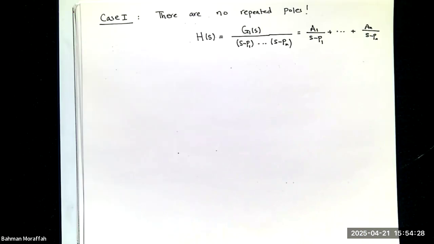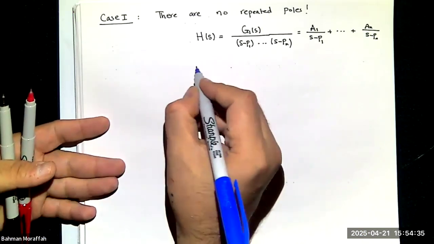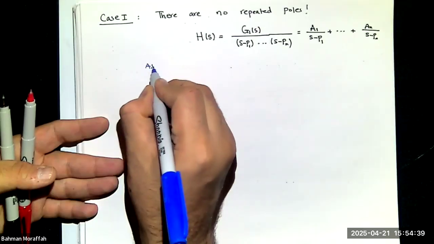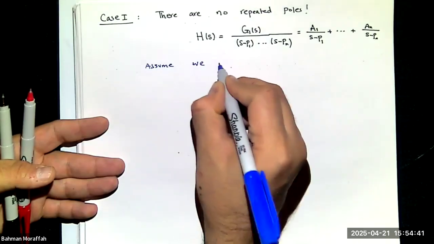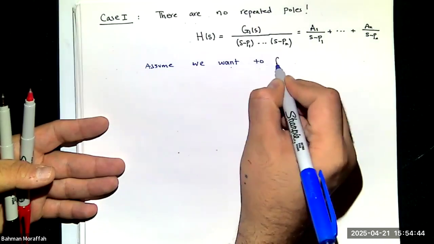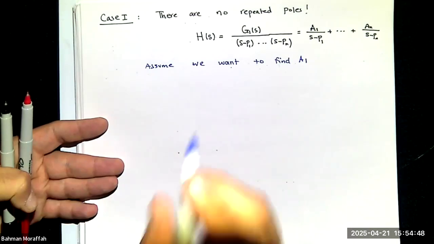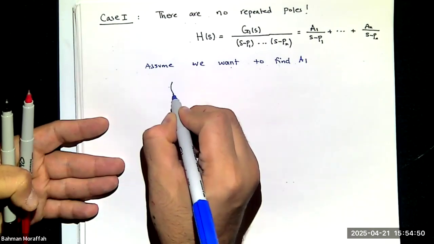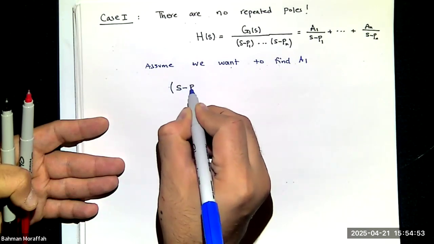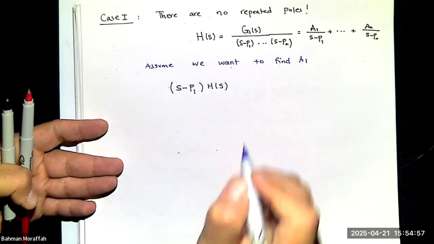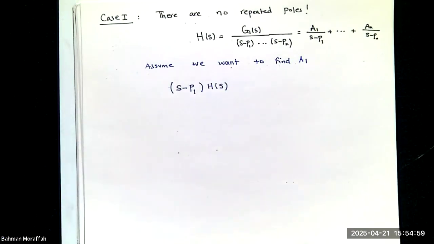Well, let's have a shortcut, a quick observation. Assume we want to find A1. If I look at (s minus p1) times H(s), what do I get?